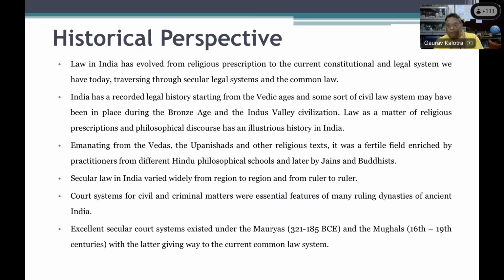Laws were very important even during the days of Ramayana.